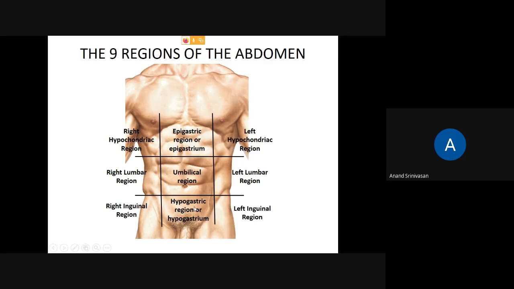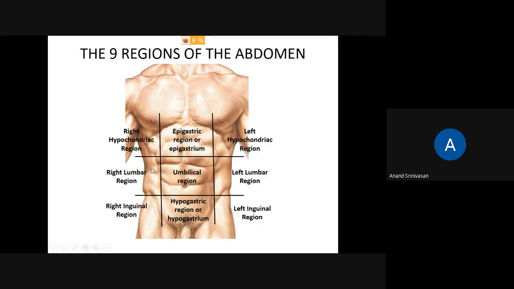A pain in this region can be because of the urinary bladder, ureter, or the rectum. The starting point of the rectum will be on the posterior-most part of the hypogastric region. So, epigastric, umbilical, and hypogastric regions.